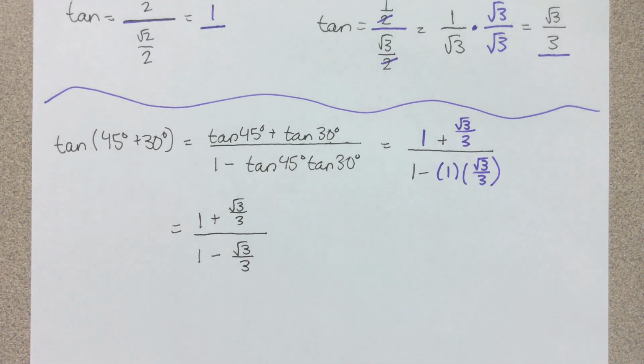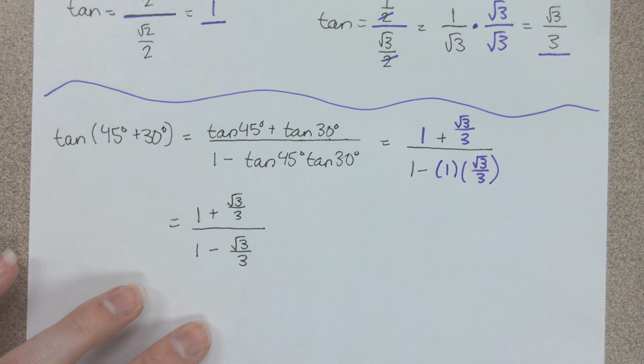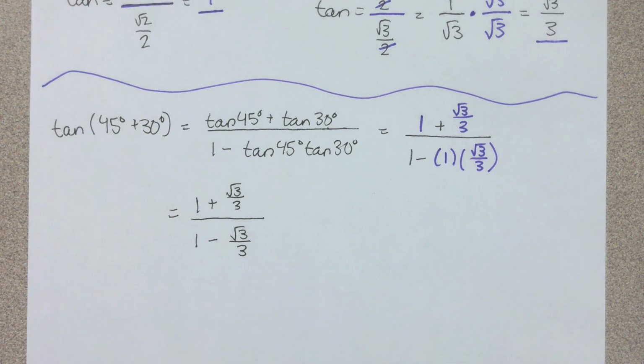And hopefully you can see why this problem is a little not so nice compared to the last one, even more so. You have fractions, top and bottom, inside of this entire fraction. That's not ideal. So I'm going to show you an algebra trick that is a very nice way to get rid of these fractions completely.